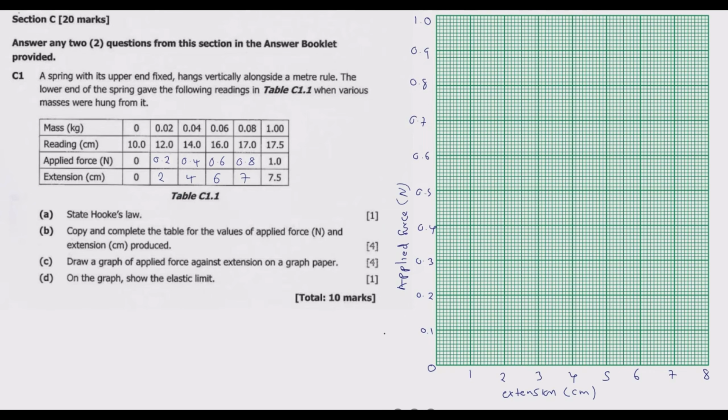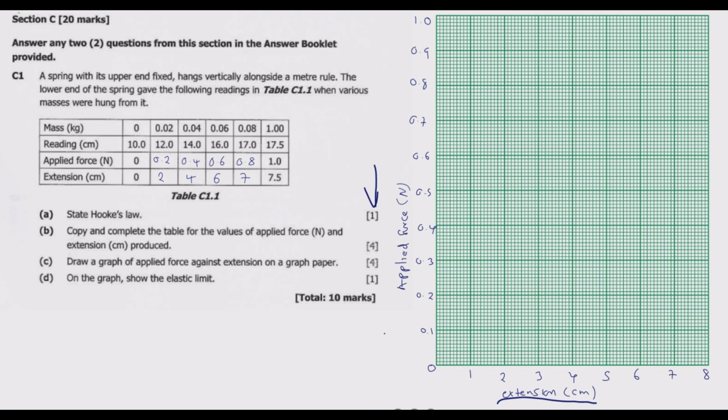Make sure that you label the x-axis as extension in centimeter, and the y-axis as applied force in newtons.